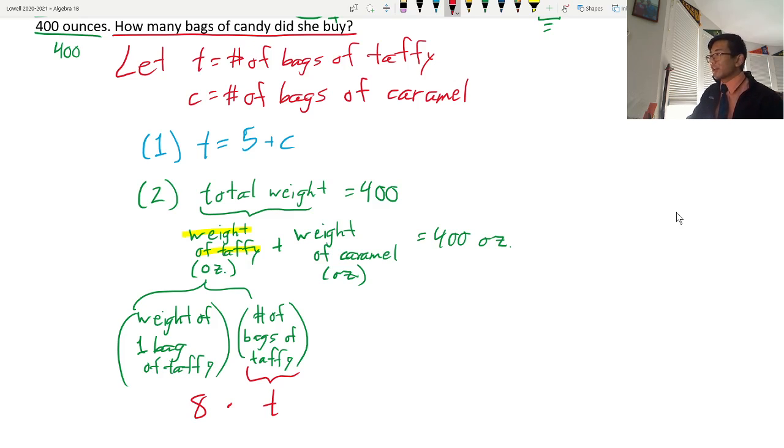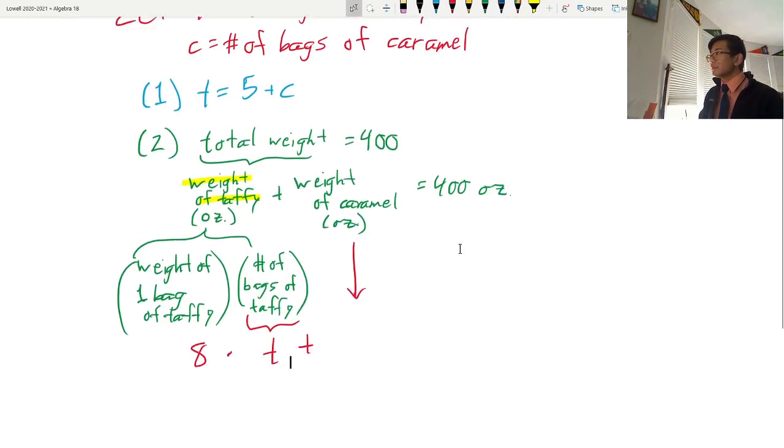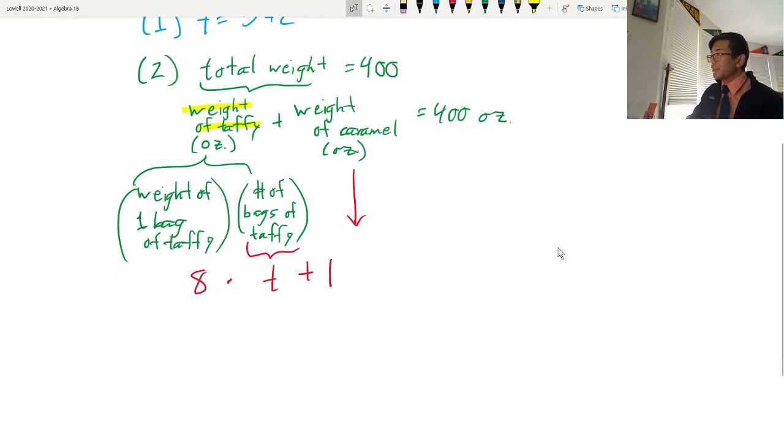Likewise, I won't go through the whole thing for the caramels, but the weight of the caramels, each one weighs 16 ounces, we can see here. And so that's going to come out to 16 times c. And that's going to equal 400 ounces.